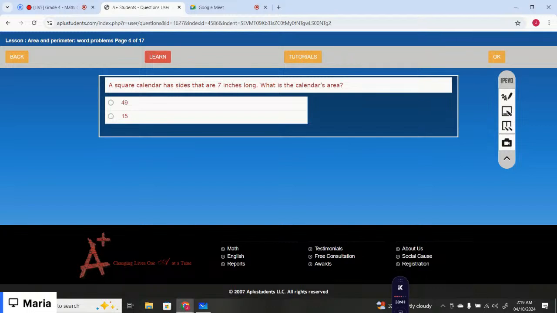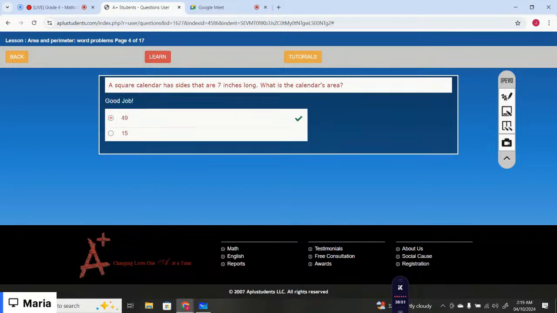That's a square. So a square has the same sides. You have to do 7 times 7. Very good. The correct option is 49. Option number 1 is the correct option.